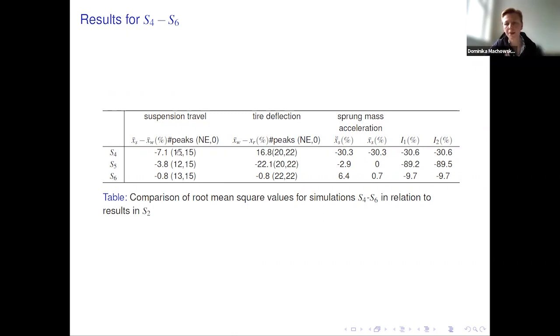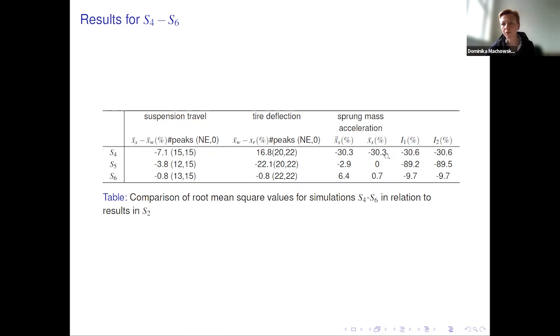We also look at the peaks, because as you remember, a lower number of peaks is better. A bigger number of peaks means that there are very high forces in the system. So here we decline the number of peaks as well, maybe not in the system without delay, where we are on the same level, but in other cases we decline the peaks.